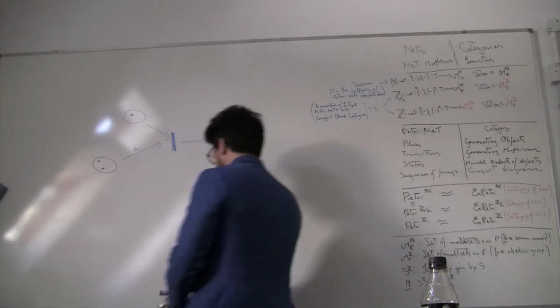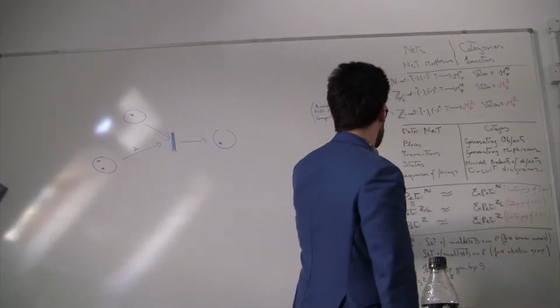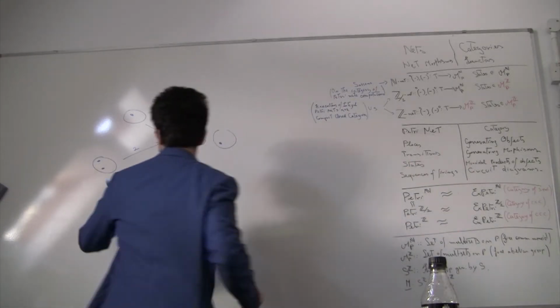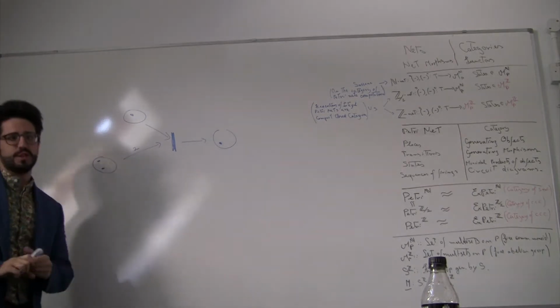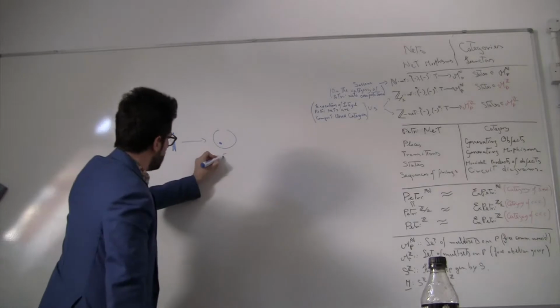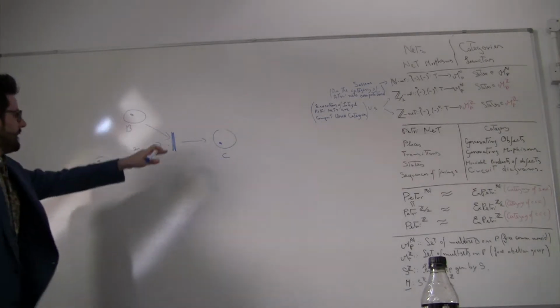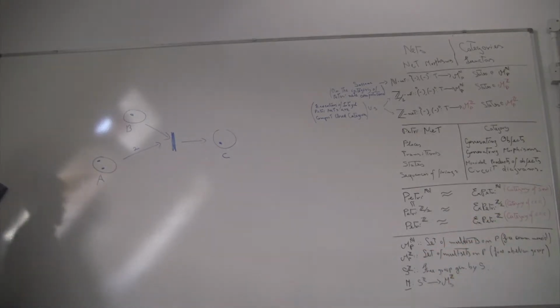And the way it works is basically following this recipe here. Places become generating objects of your category, so you can just mark them like this. And a marking just becomes an object in your category.